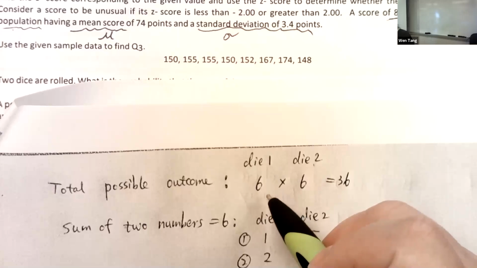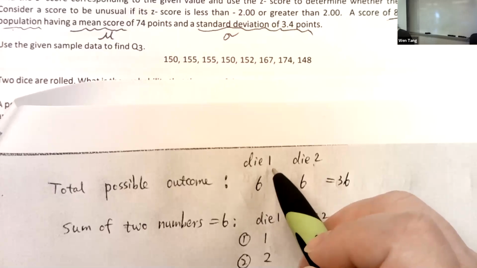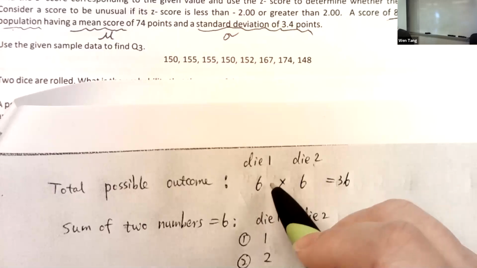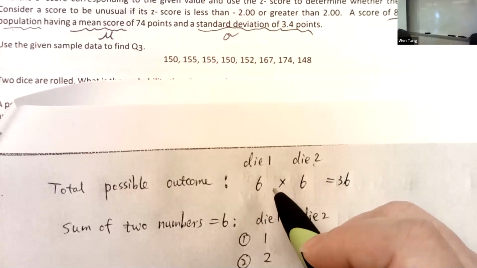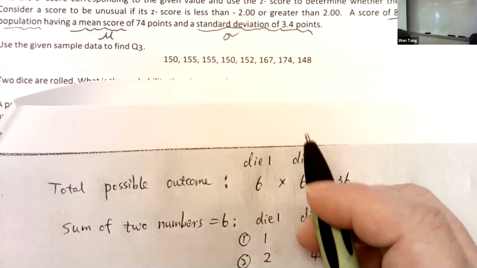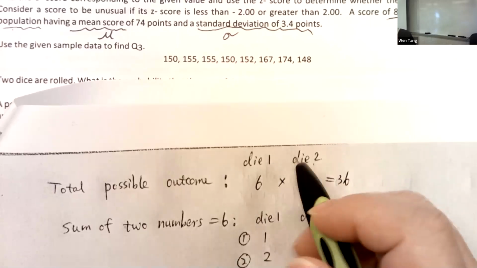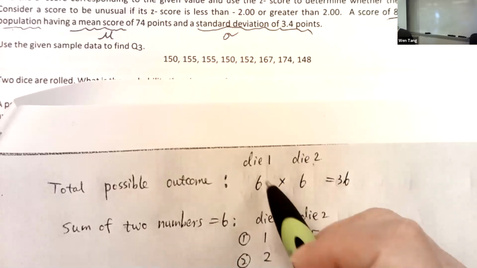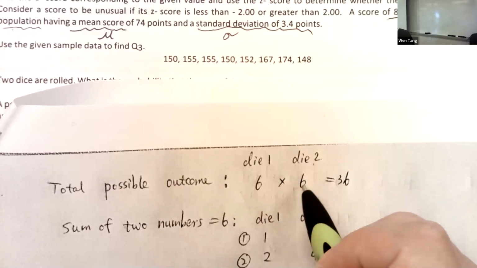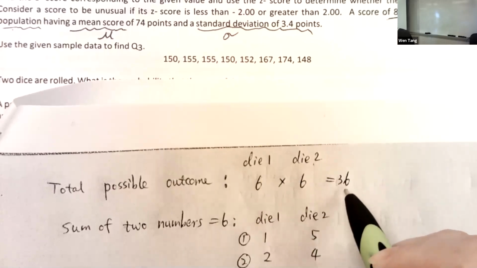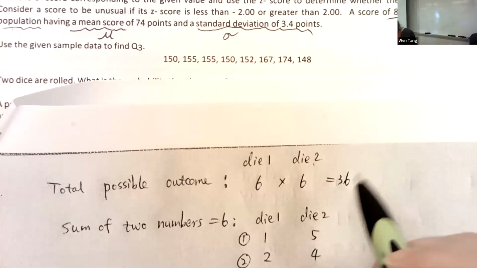Our event is die 1 and die 2, we roll 2 dice, so we should use the multiplication rule of counting. So 6 different ways times 6 different ways. So the total possible outcomes is 36.